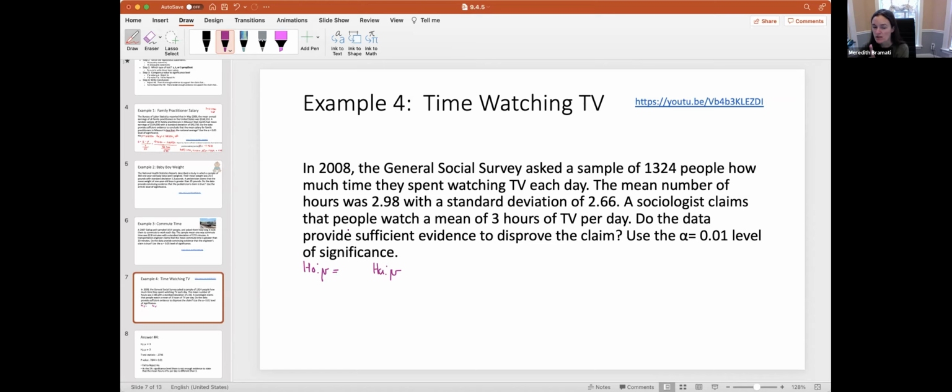I can see why you would think 2.98 because it's on there, but the 2.98 comes from the sample, so we can't use that in our hypothesis. 3. Okay, because the sociologist claims that they watch a mean of 3 hours of TV per day. And the 3 didn't come from the sample. So I'm going to put 3 again here in the alternate. And what's our symbol? Is it less than, greater than, or not equal to?